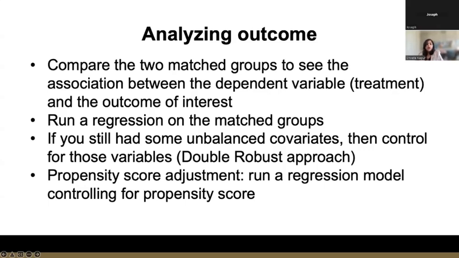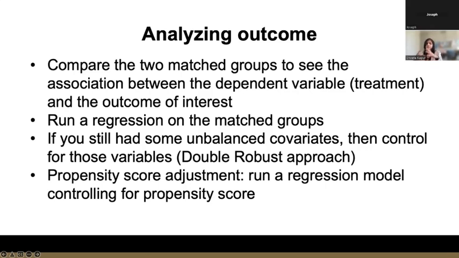Next, we move on to the final step of propensity score matching, which is analyzing the outcome. So after doing all this hard work, statistically, you get to the final step wherein you get to compare the two matched groups to see the association between your treatment, or the dependent variable that you're looking at, and your outcome of interest.